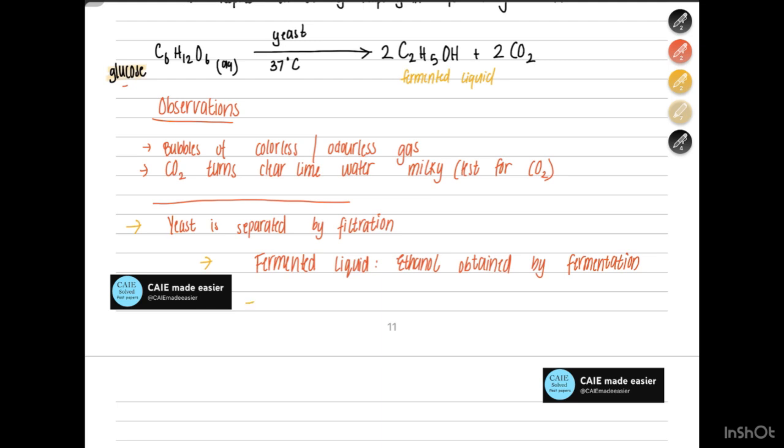Which technique you're going to use? That technique is going to be fractional distillation. To concentrate the fermented liquid, we do fractional distillation.